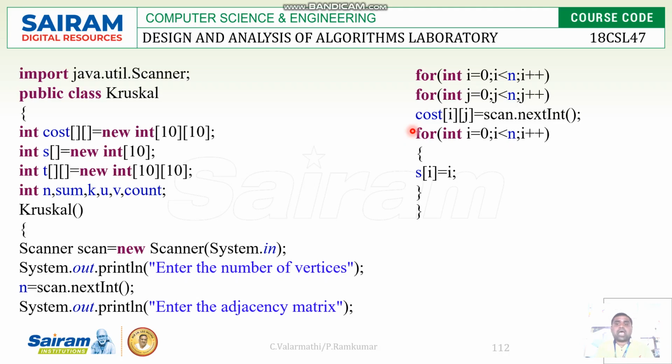So next I am getting the cost for the given matrix. An adjacency matrix means a set of rows and columns will be available. If there is any edge between two vertices, then it will be represented as 1, otherwise it will be represented as 0. It is a two-dimensional matrix, so for getting the values for the two-dimensional matrix, I am using two different for loops.